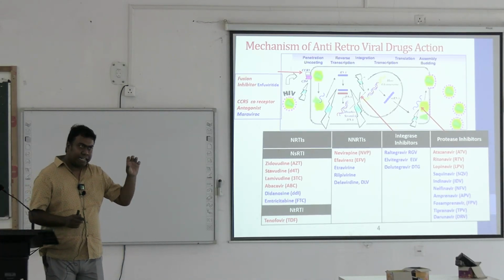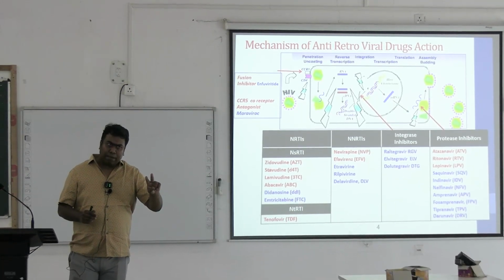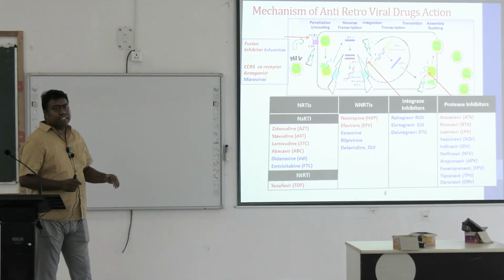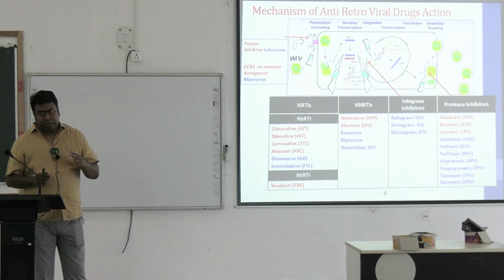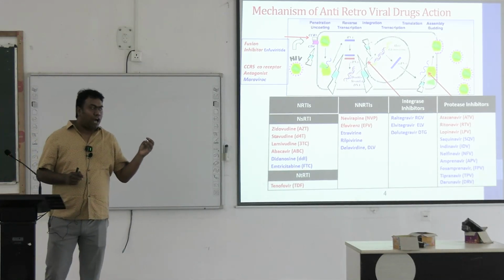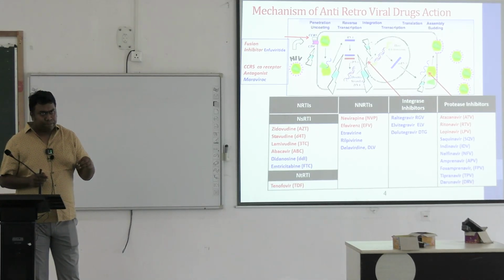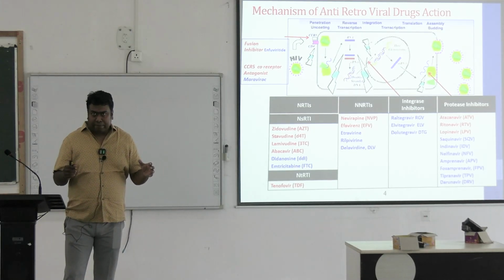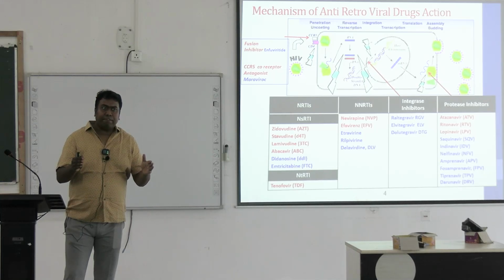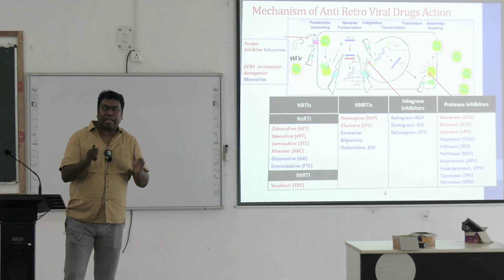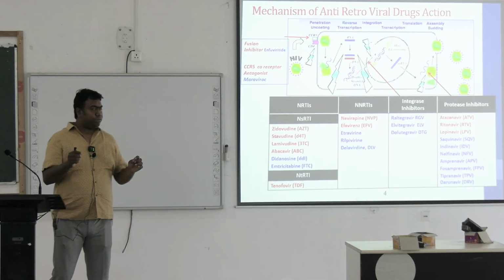So first, entry inhibition by two types of drug: fusion inhibitors and the CCR5 co-receptor inhibitor, maraviroc. Enfuvirtide is the fusion inhibitor. Then if some of the virus goes inside the cell, there are drugs to inhibit the reverse transcriptase enzyme, which helps the viral RNA make a double stranded DNA.